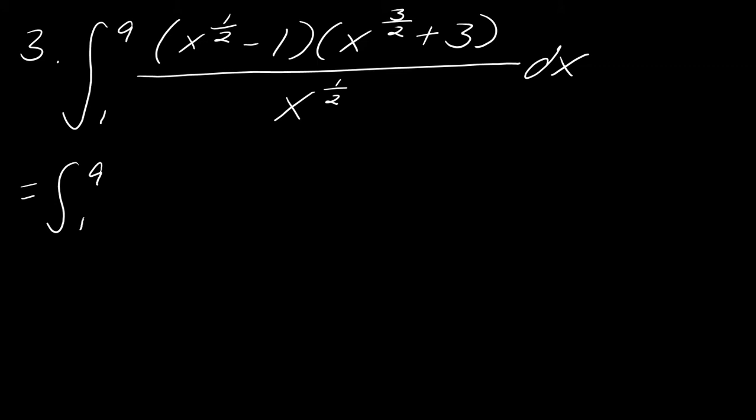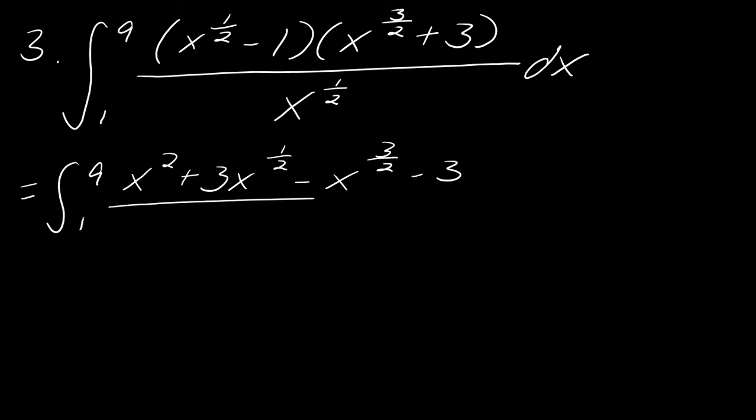So let's see. On top, I'm going to have x to the 1/2 plus 3/2, which becomes 4/2. This will just be x squared, right? Plus 3x to the 1/2 minus x to the 3/2 minus 3, all of that over x to the 1/2. Now I can go through and divide each one of these by x to the 1/2.